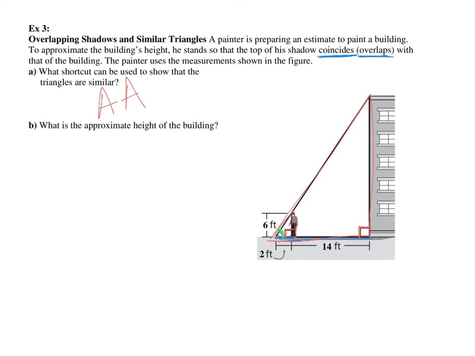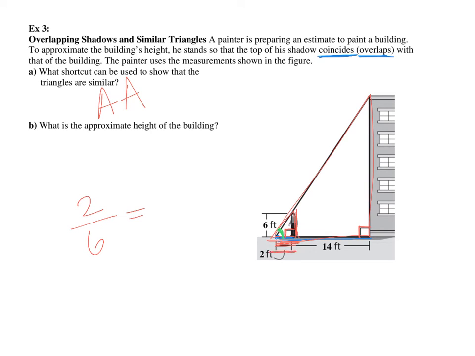All right, so now that they're similar, I could apply some of the properties for similar triangles. What is the approximate height of the building? Well, I know this length here is 2. I'm going to put that over the height of the person, 6.